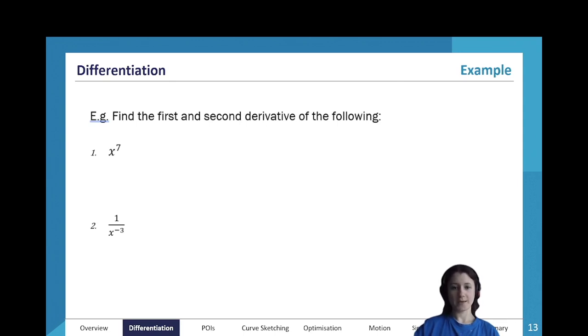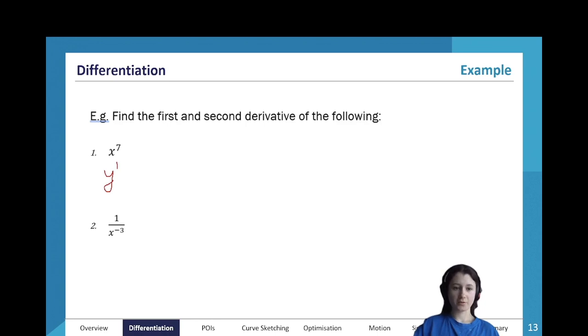So for this one here, I'd like you guys to pause the recording and have a go at finding the first and second derivative of the following. All right. So pause the recording, find the first and second derivative. So I'm going to start by finding the first and second derivative of this one here.